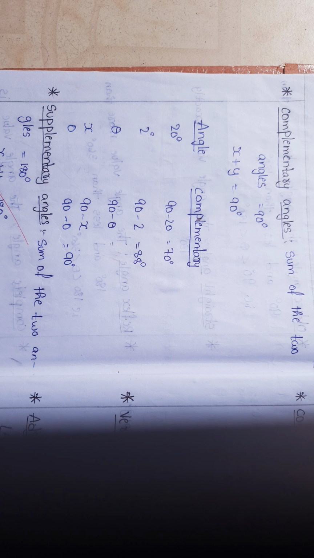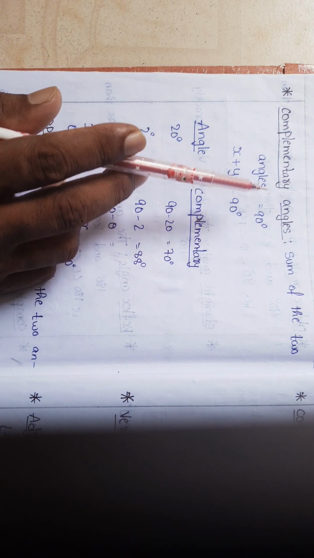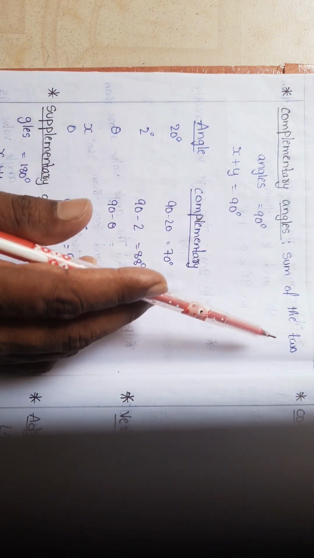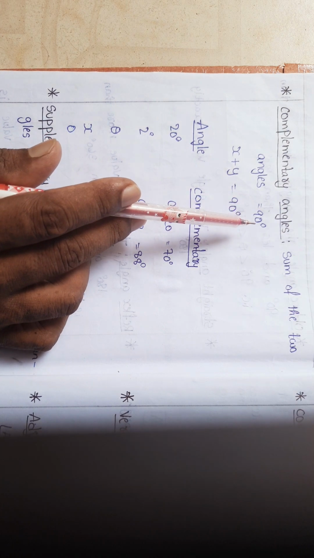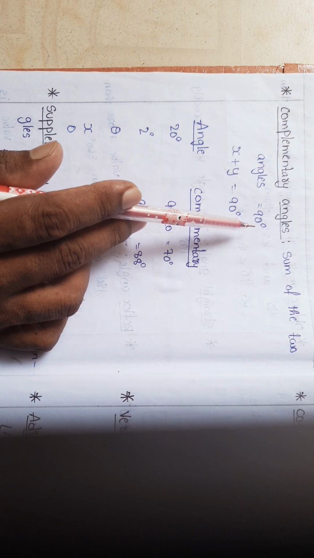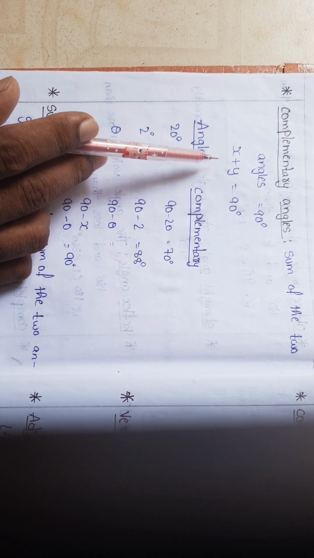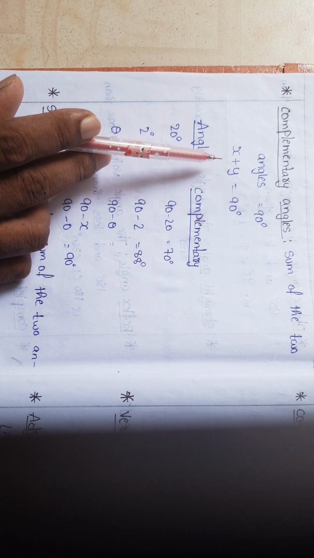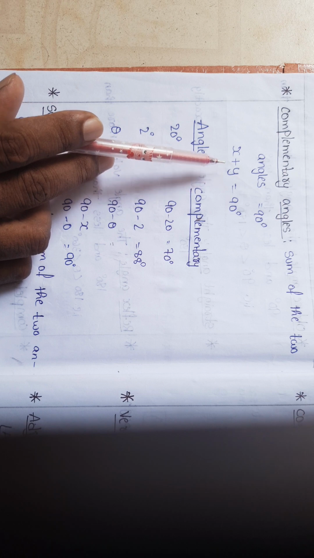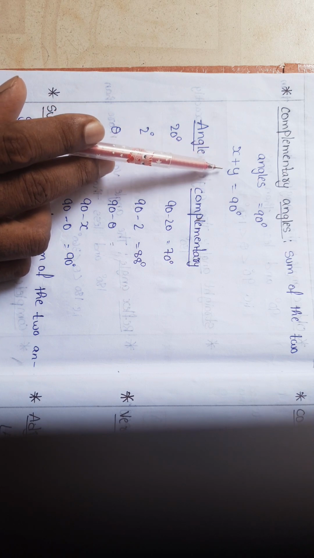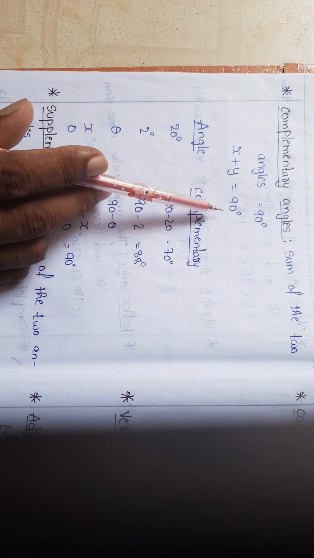Now we are going to discuss complementary angles. If the sum of the two angles is equal to 90 degrees, then they are complementary. Say, with an example, one angle is x, another angle is y. The sum of them, x plus y, is equal to 90 degrees.